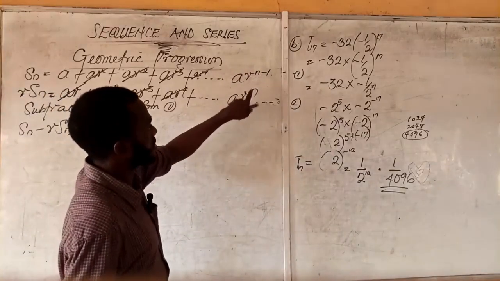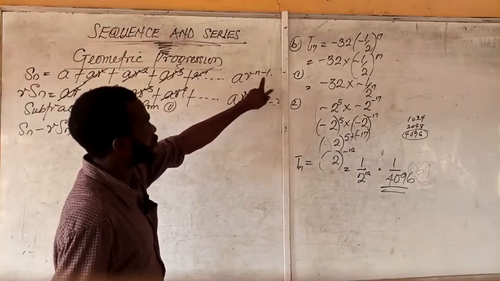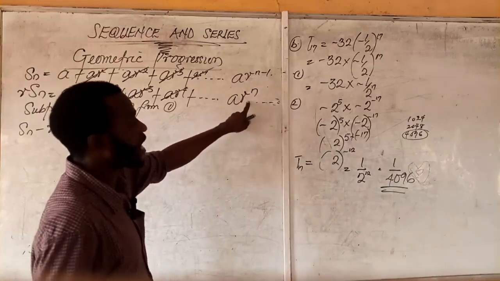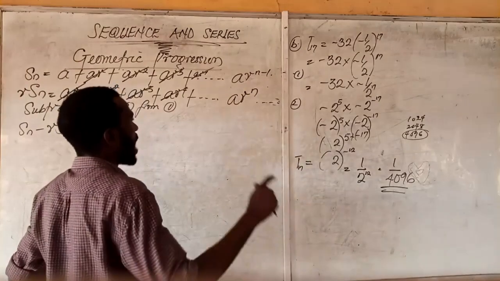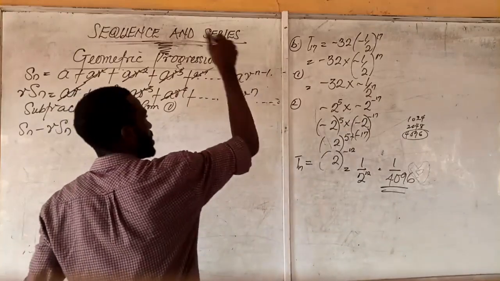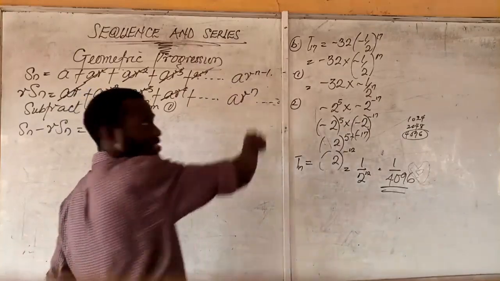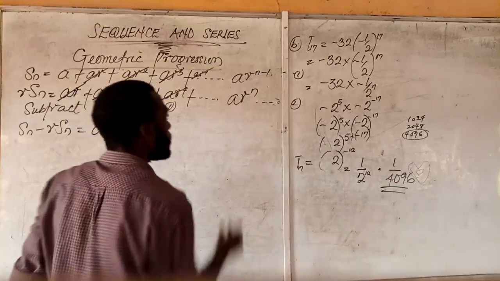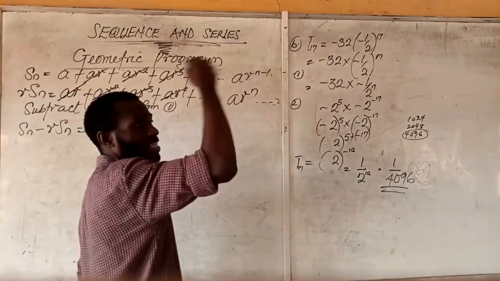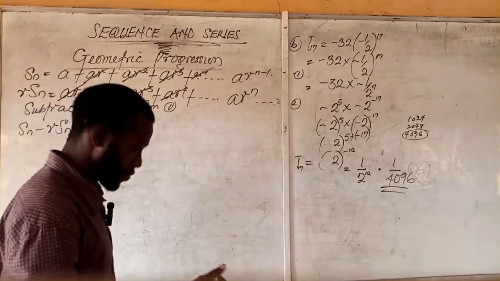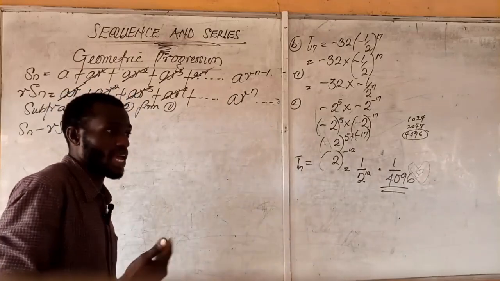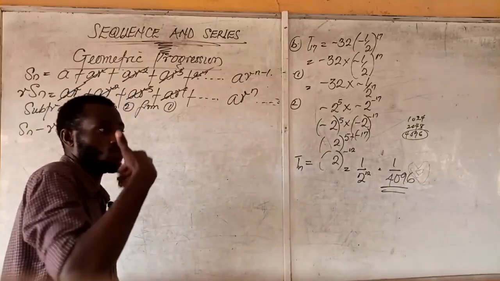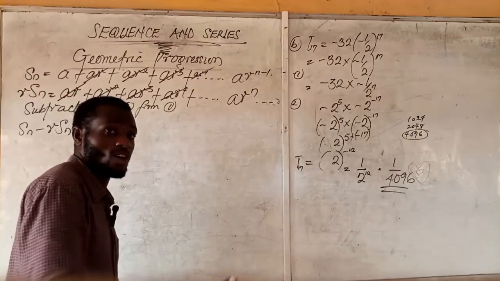and if I decide to subtract this from this, now note that I multiplied this term by R to get this. So it means that before I got this, there was a term. You know that we are progressing by multiplying by the common ratio.